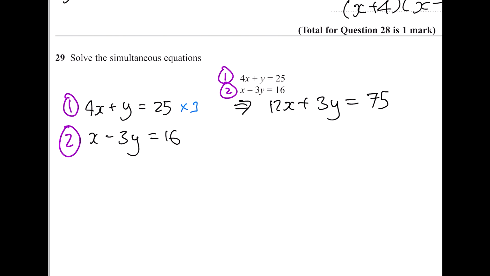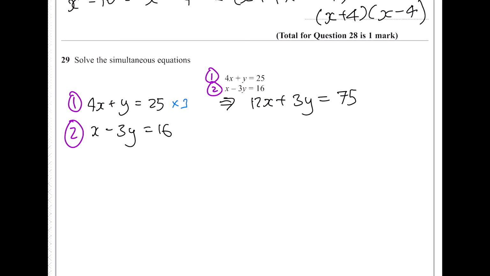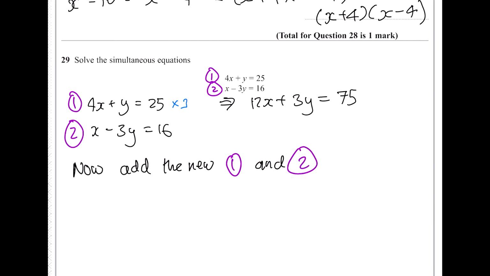Now that we have this new equation, we can add these two equations. So now add the new equation 1, which is this, and the equation 2. If we do that, this 3y and this minus 3y will cancel.